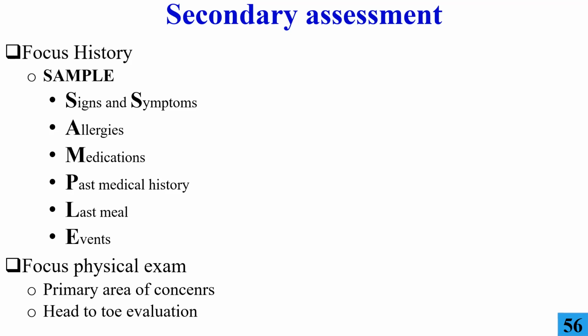After we finish the focused history, we go to the focused physical examination, which examines the area of concern, whether it's the chest, the heart, the abdomen, the brain, the accident, or whatever the problem was.